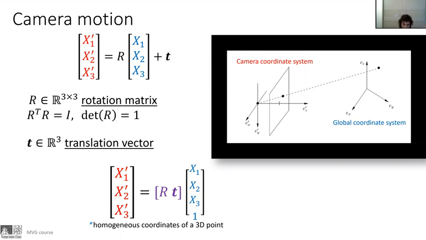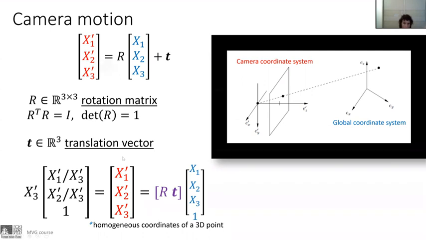Also, what you see here, just a minute, is that on the one hand, you get the local coordinate values of the point in the world, in the local coordinate system, in the left system.